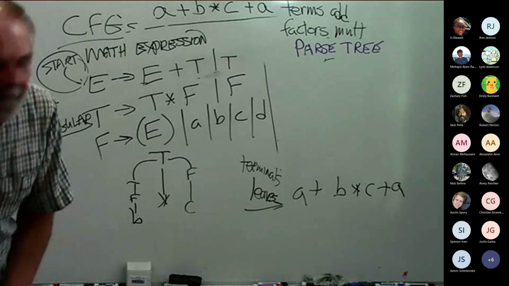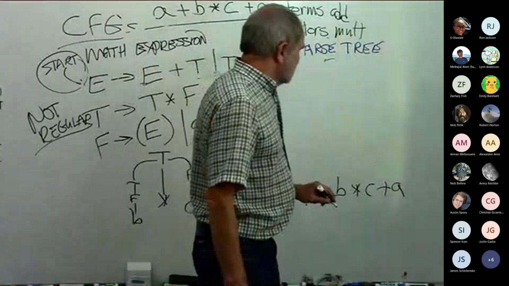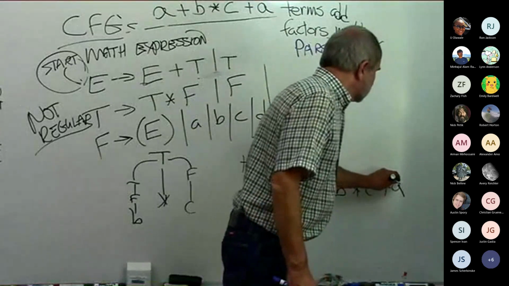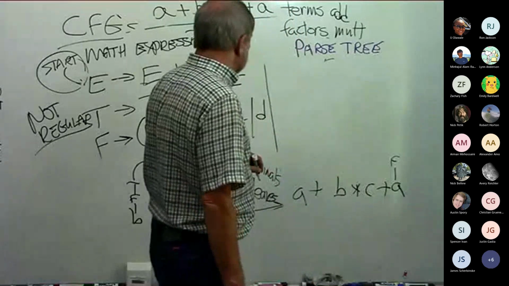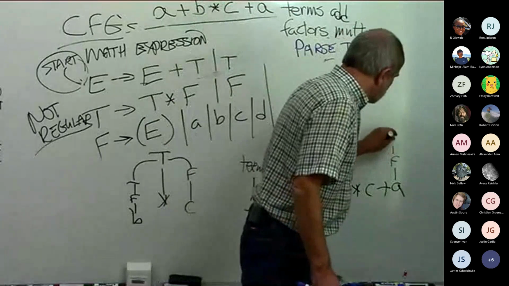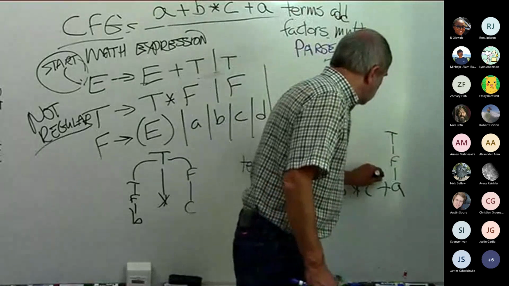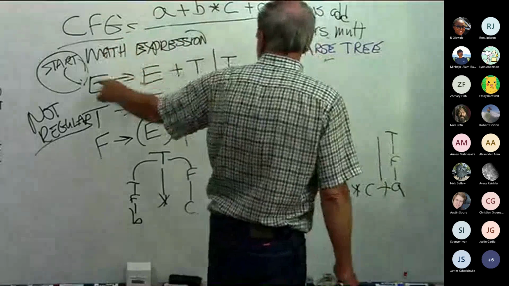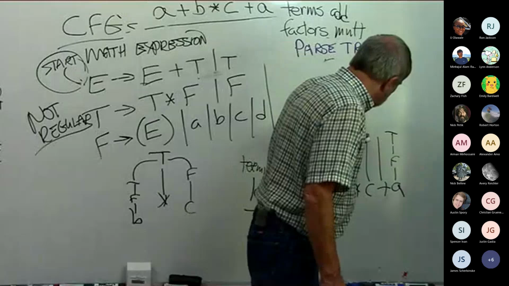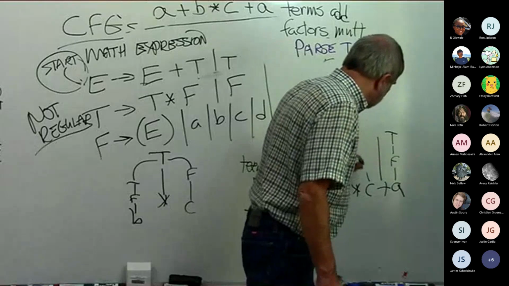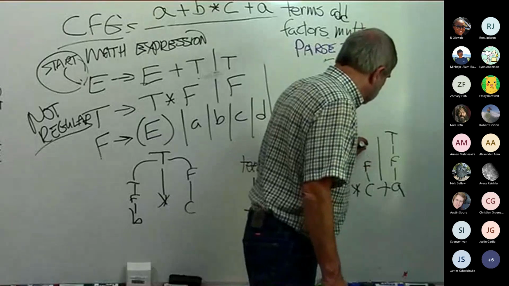To put it in the parse tree format, we know that A is going to come from an F. The F is going to come from a T. That plus sign is going to come from an E plus T. F is always going to precede that.